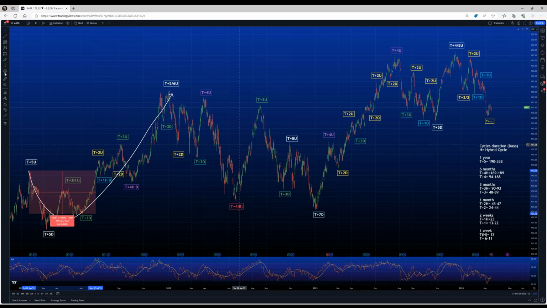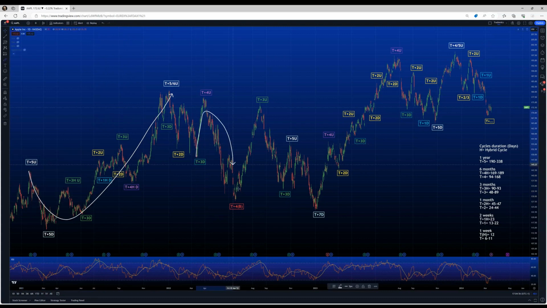The same condition occurred here. We broke up this minimum, or this low, after 41 days. So if we had opened a short position here, we could have stayed in the position until its minimum duration, and the minimum duration was 48 days.